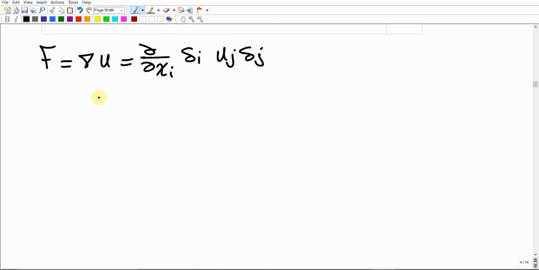Then we're gonna collect these terms, just collect the unit vectors together. So we're gonna end up with partial uj by partial xi, delta I delta j.